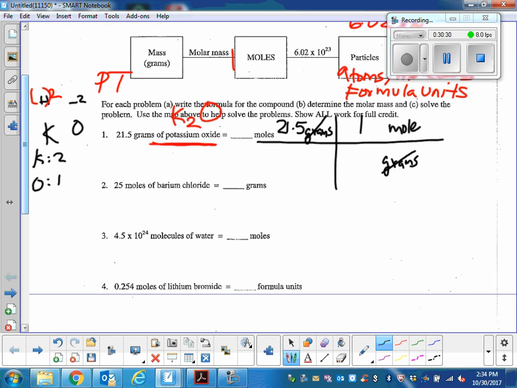What do I multiply the mass of potassium by? 39 point something. Did we just find molar mass of compounds? What is the mass of oxygen? 16. So now what is the number?